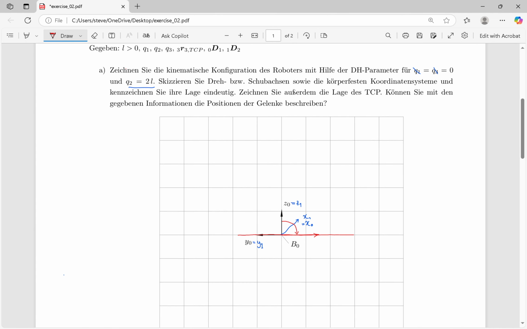And that means, since x1 is right there and x2 is found by moving along y1 a distance of 2l, we know that it has to be here. Now, even when we know it's here, it could be like this or like this.